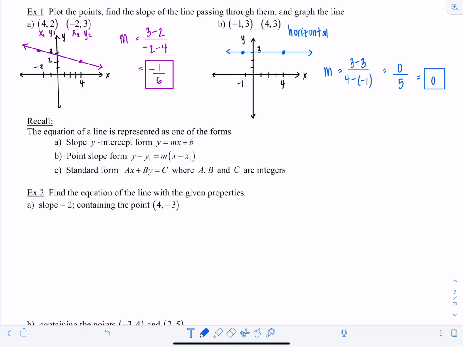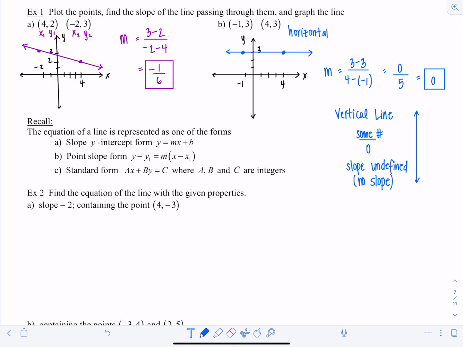Now, this is different than if you had a vertical line. When you have a vertical line, the quantity in the denominator is 0, because basically you would have a run of 0, and then you have some number up here. So in that case, you'll either say that there's no slope or the slope is undefined. Now, don't get them mixed up.